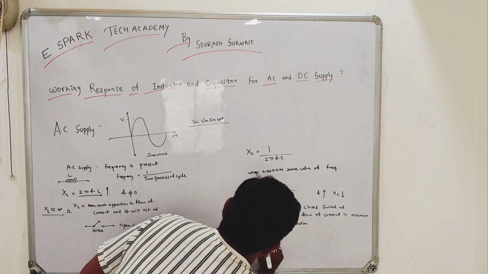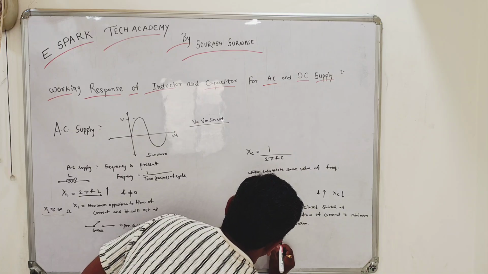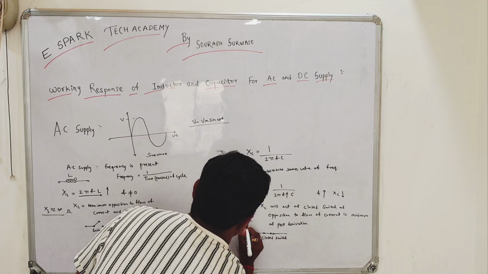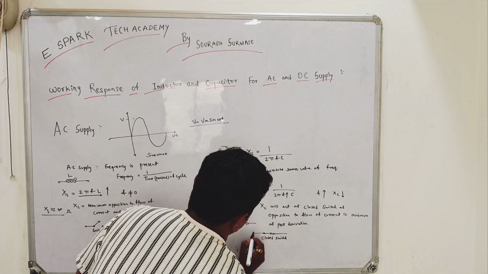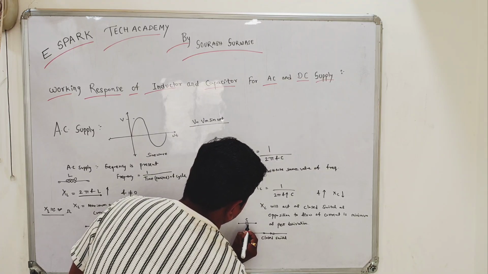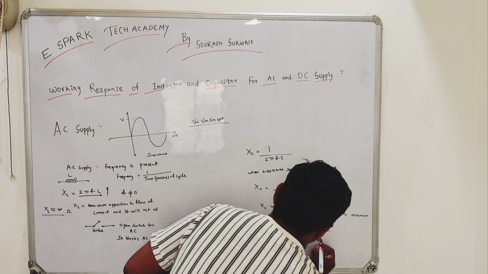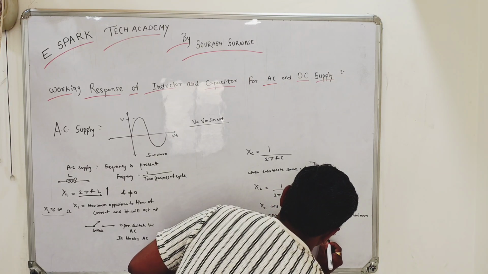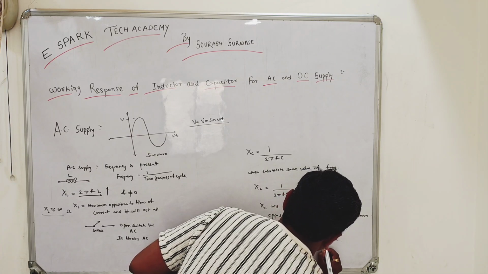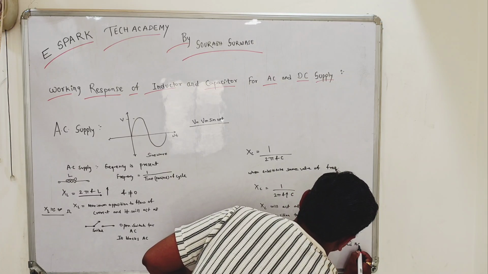Hence it will act as closed switch. Capacitor C will act as closed switch for AC. It passes AC or allows AC.